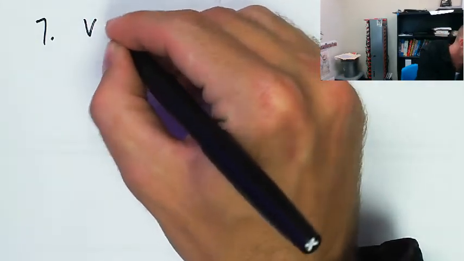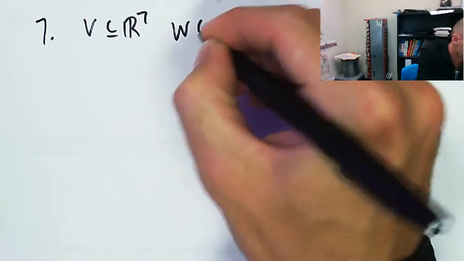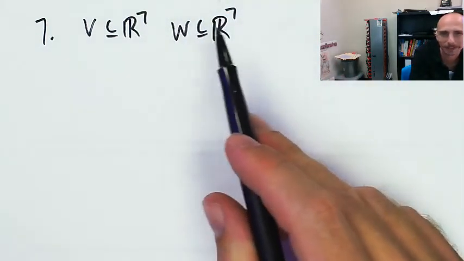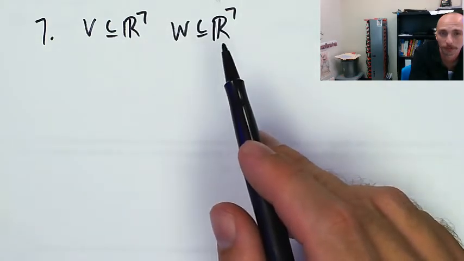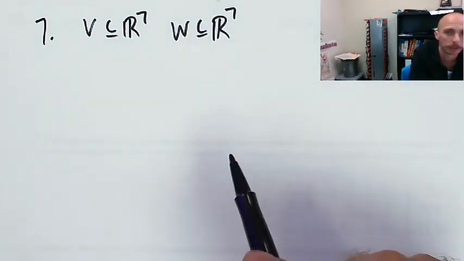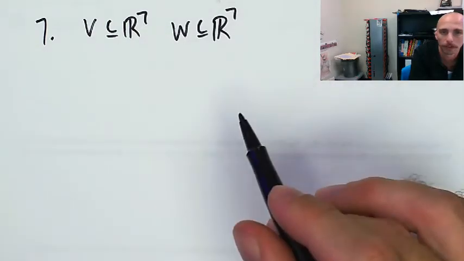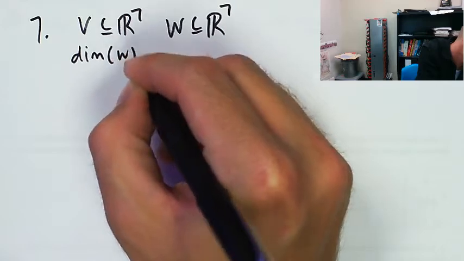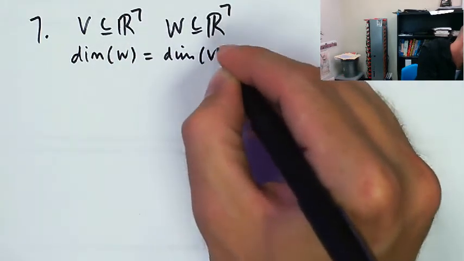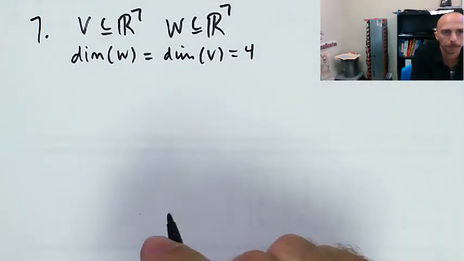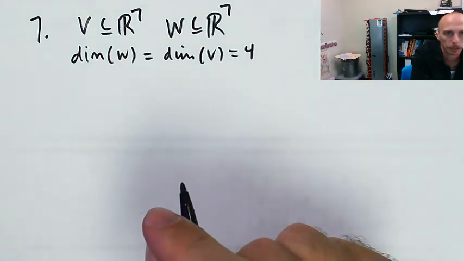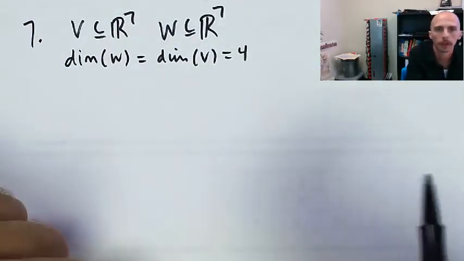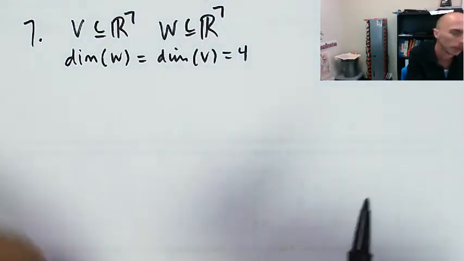Okay, they're subsets of a 7-dimensional space. I'm just going to say it's R7, whatever. You can say it's X with dimension 7, but it feels like R7. Anyway, dimension of W equals dimension of V equals 4. I'm proposing that, at their most minimal, we try to separate out the places where you had non-zero variables.